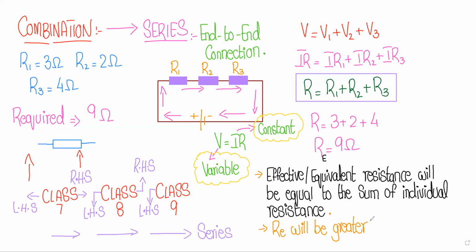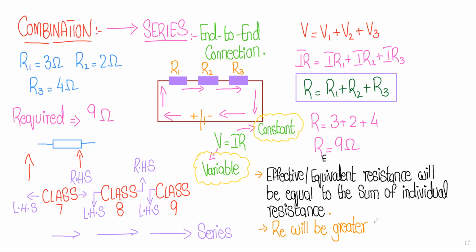You don't need to mention series and parallel combination separately, because when they give you a question, it is already understood what they are asking you to solve. There will be no confusion in Re or capital R, because we are already mentioning R1, R2, R3 over there, which are the individual values of the given resistors, right?